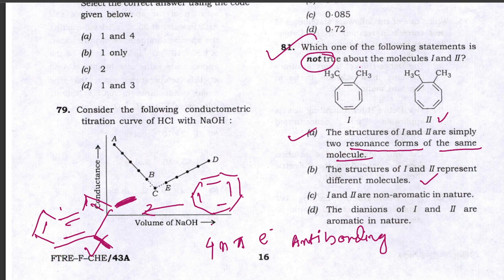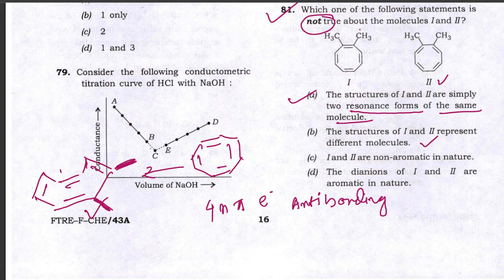Now, 1 and 2 are non-aromatic in nature. As I said, they are not aromatic; they break planarity and go into a non-aromatic structure. And the anions of 1 and 2 are aromatic in nature.